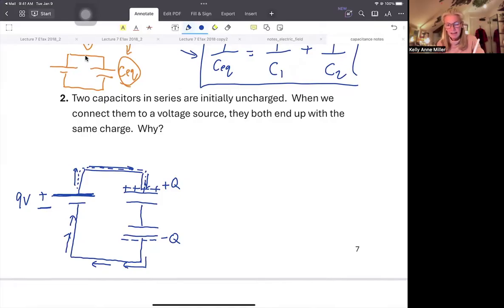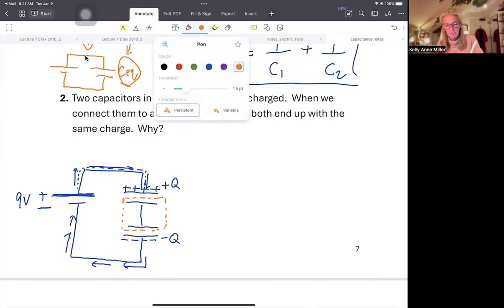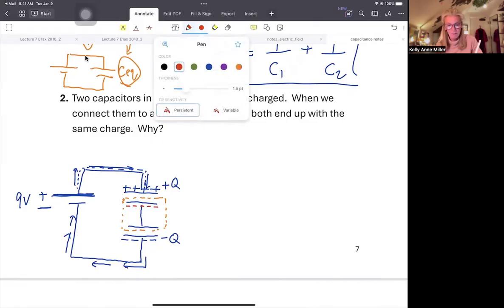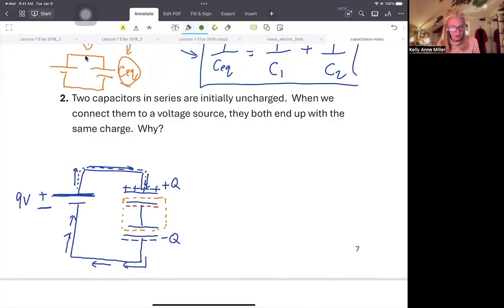Because the two plates in the middle are isolated and neutral, they basically just get polarized so that they have the equal and opposite charge of whatever is causing them to polarize, which is the other plate. So this one becomes polarized positive and that one becomes polarized negative. That is why they both end up with the same charge.